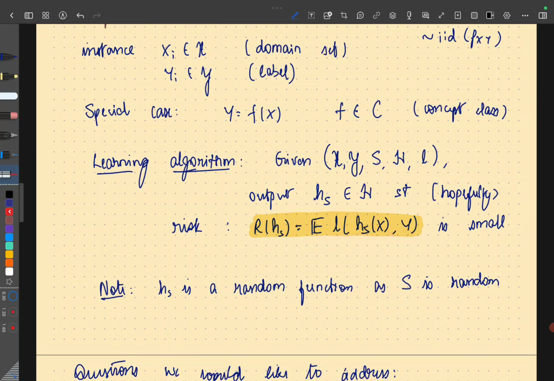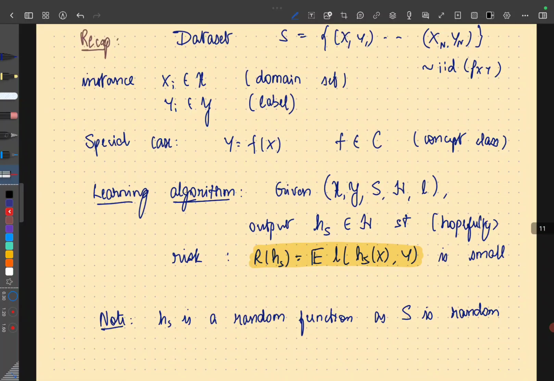Now there can be other scenarios where additional randomness may be required. For example, let's say that you want to simulate P_XY. Think of something like a diffusion model. There you need some additional source of randomness. Whereas in this problem of, let's say, classification or regression, any additional randomness will not really help.